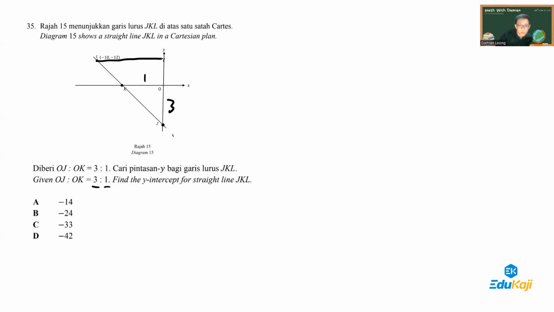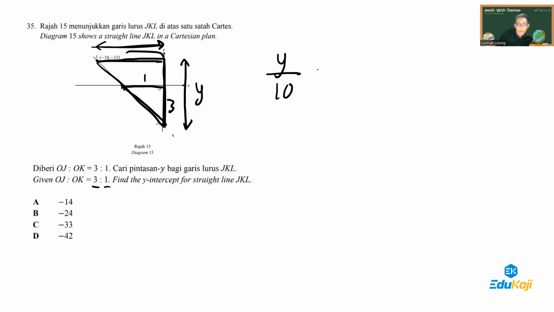So the ratio of here to here is also 3 to 1 because it's similar triangles, this triangle and this whole triangle. So when I compare this length to this length, let's put this y over here to here is the difference in the x value, 10, is equal to 3 over 1. So y is 3 times 10, 30.